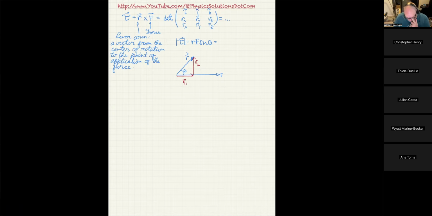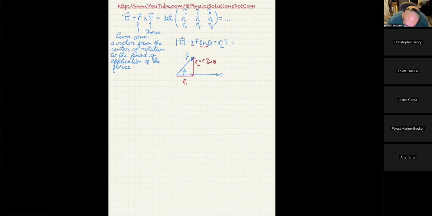And you see that R perp is actually equal to R times sine theta. So if you take this part and this part together, then that just becomes R perpendicular to F times F.